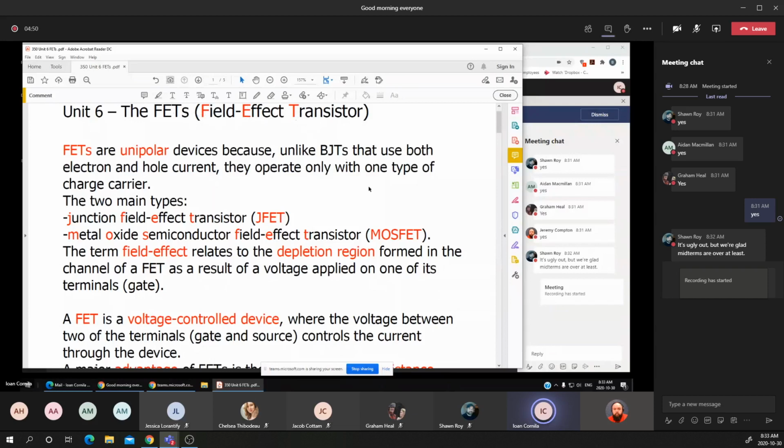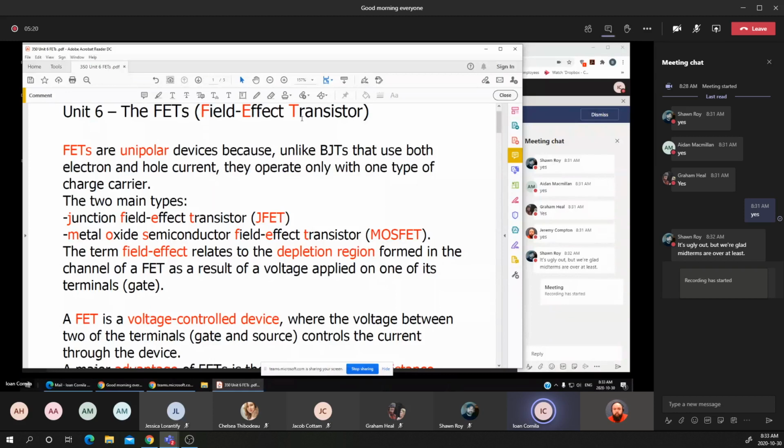Now, compare with the BJT. A BJT uses both particles to have the current that flows between the collector and the emitter. The positively and negatively charged particles are used as the majority carriers that operate the BJTs.